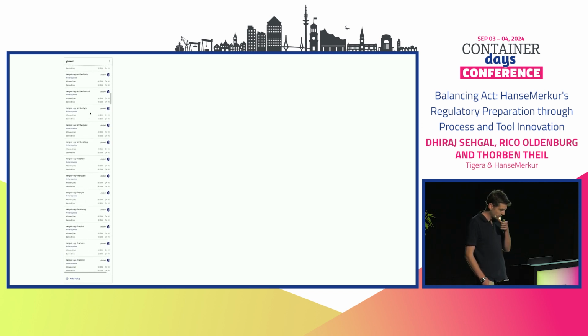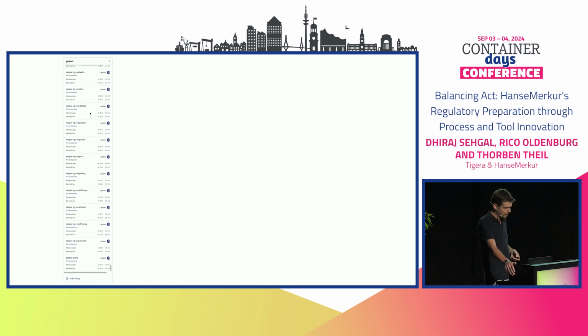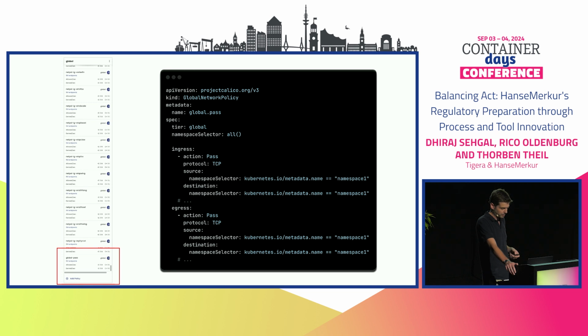This is how it looks when you scroll down the global tier in the UI, with several hundred policies which are deployed in our cluster. It takes some time, but at the very end, there's our special policy, and it's called global path, and this is by far the policy with the most lines of code in it, and I would say also the place where the magic happens here.